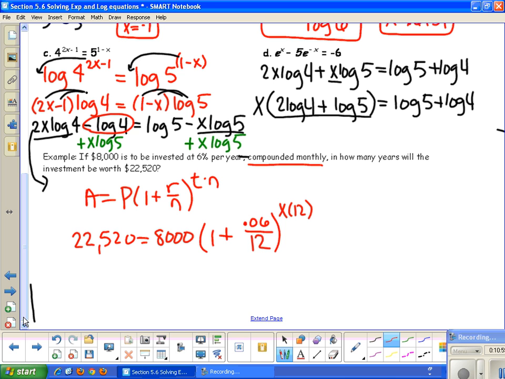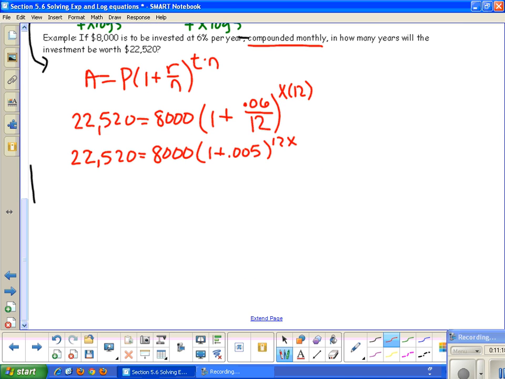So that means I'm going to want to go ahead and simplify this. So I have 22,520 equals 8,000 times 1 plus 0.005 to the 12x power. Now, in order to solve this, I'm going to have to first divide by 8,000 on both sides.